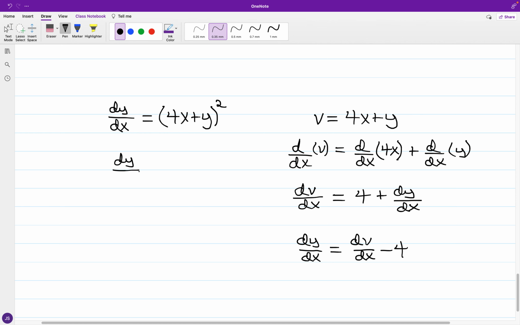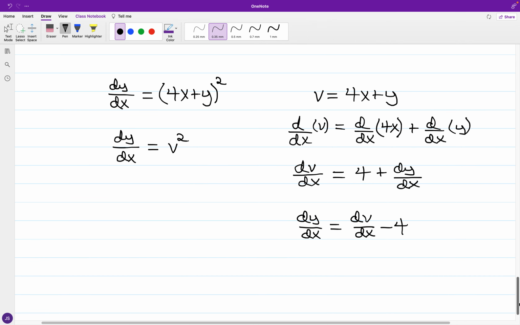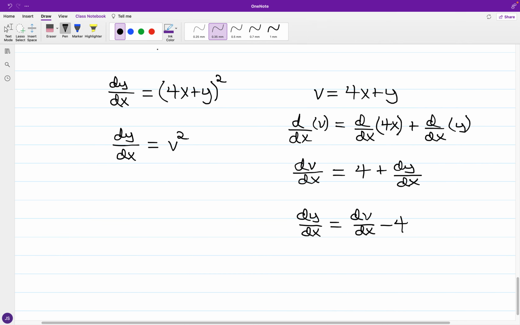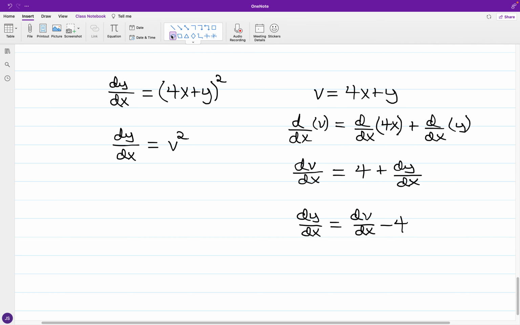And again, v was equal to 4x plus y. With the first display of dy over dx, you have the square of 4x plus y, and in terms of the variable v, we'll say that dy over dx is equal to v squared.